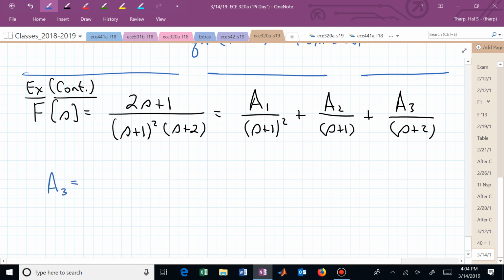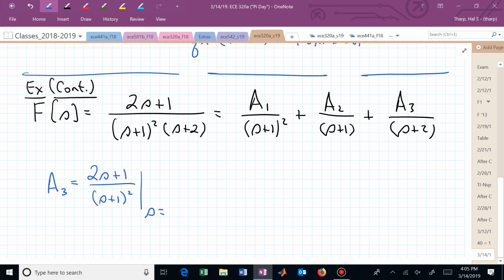A sub 3 is using the cover-up method. I have to cover up the s plus 2 factor on the left-hand side, and I have 2s plus 1 over s plus 1 squared. And where do I evaluate it? What value of s? I evaluate at the value of s that causes that denominator factor under A sub 3 to vanish.